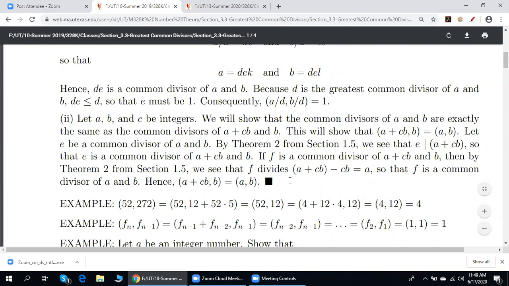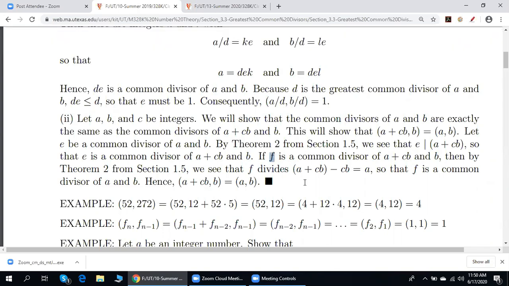Now, let us consider a common divisor of A plus CB and B. Let us denote it by F. Again, if F divides A plus CB and B, F divides this by Theorem 2.